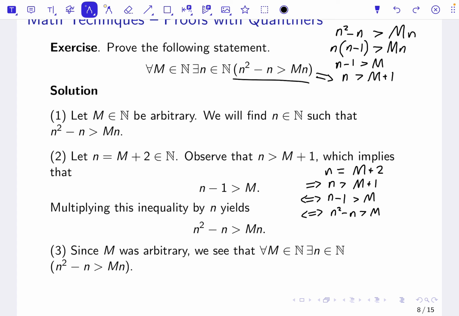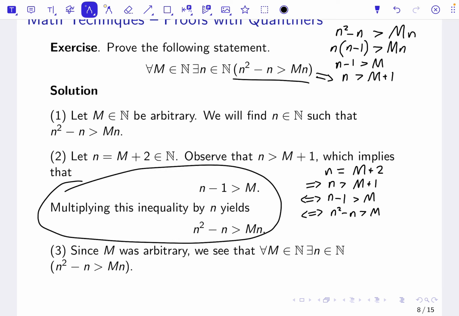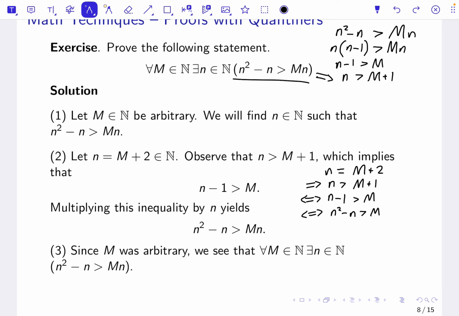What I doodled here is just a quicker, more symbolic version of what we have over here. When you're writing your own proofs, definitely do it more like the slides than my doodles. And as recommended, do a little conclusion.